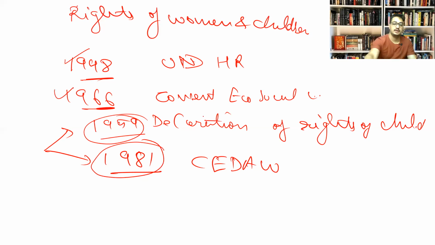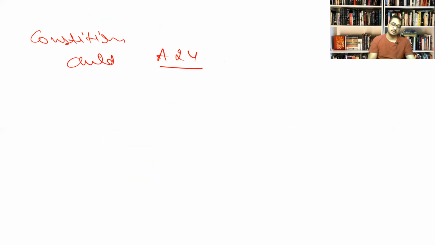With regard to India, if we go by the Constitution, in the Constitution itself, there is a mention of rights of the child and women also. So how is it mentioned? Especially with regard to the child, Article 24 prohibits employment of children below the age of 14 in factories. So hazardous occupation is prohibited.